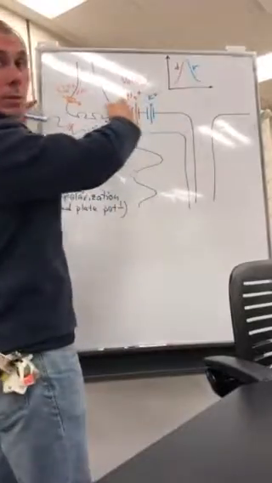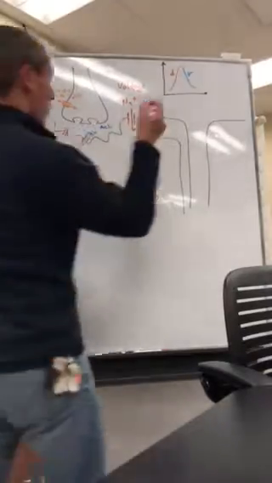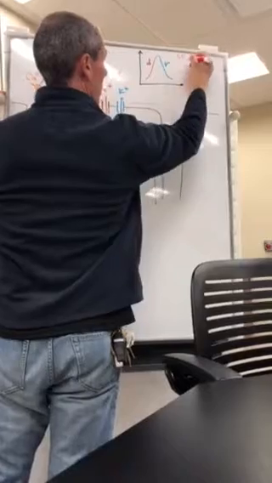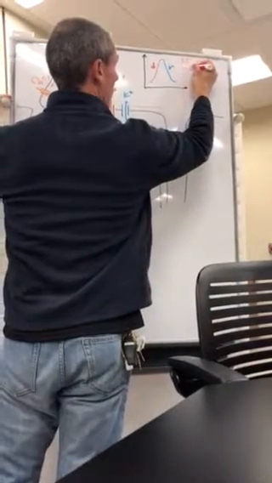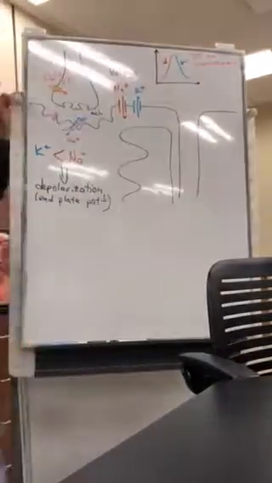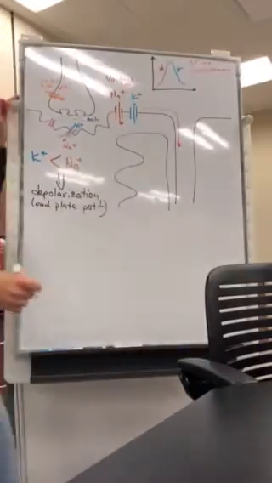And you have the propagation of the action potential all the way through the sarcolemma, action potential on the sarcolemma, which includes the T tubules.